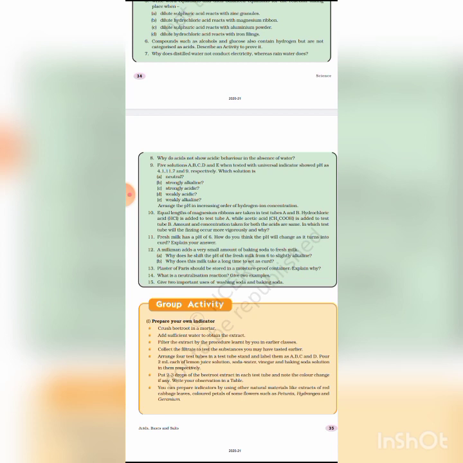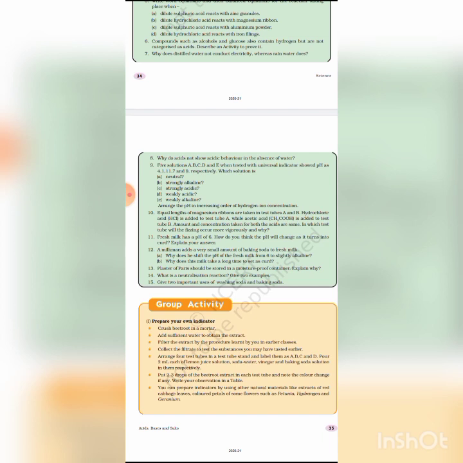Okay, student, why does distilled water not conduct electricity whereas rainwater does? Because distilled water does not contain any ionic compounds like acids, bases or salts dissolved in it.